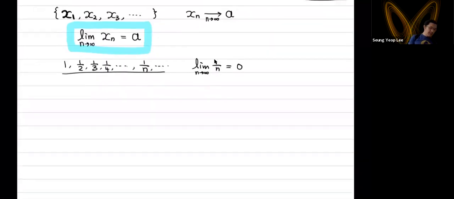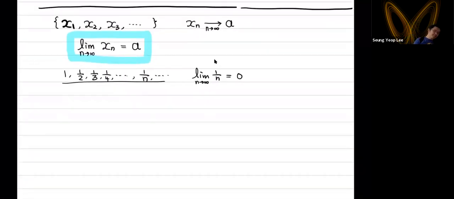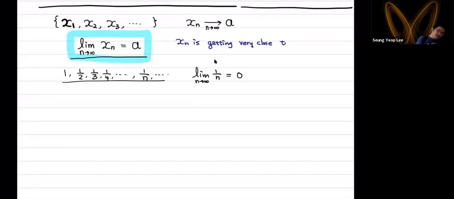And this is how we do it. So how to prove such things? This means, let me first write it down in words, xn is getting very close to a as n grows.